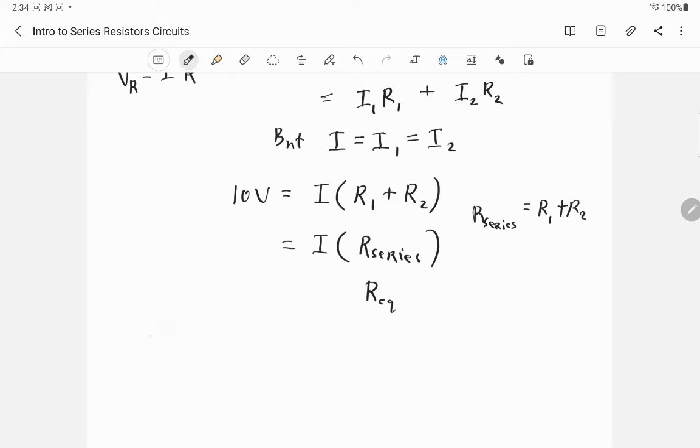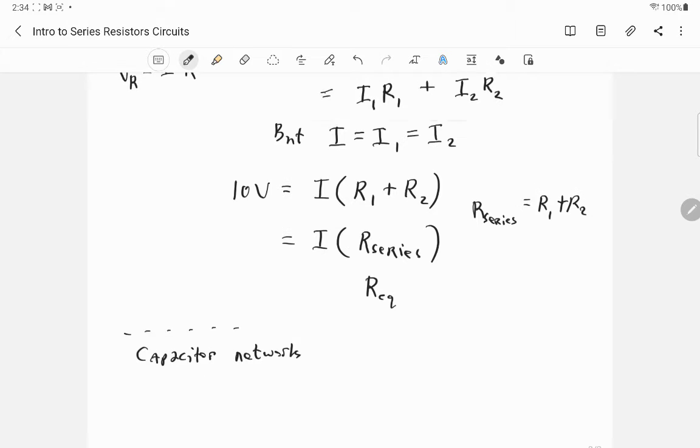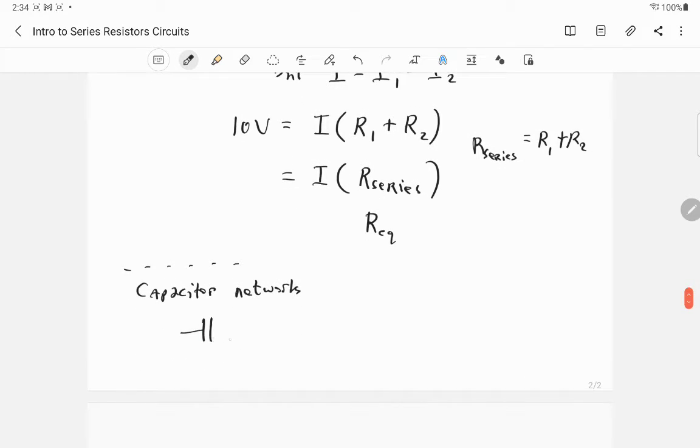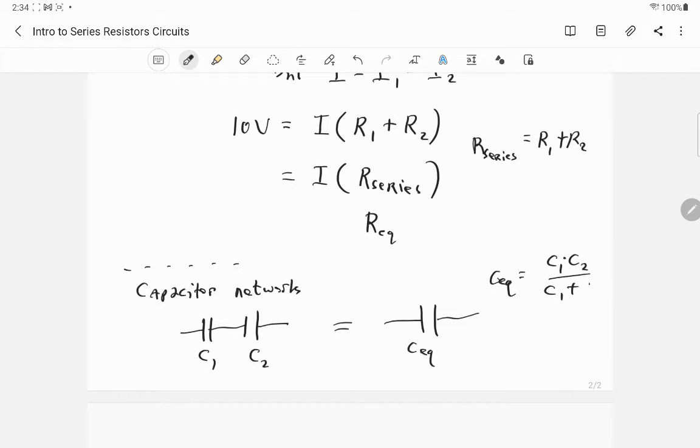This might remind you, right, of capacitor networks. But in capacitor networks, if you put two capacitances in series, do you remember that this is the same, right, equals an equivalent capacitance, where C equivalent is equal to C1 times C2 divided by C1 plus C2.